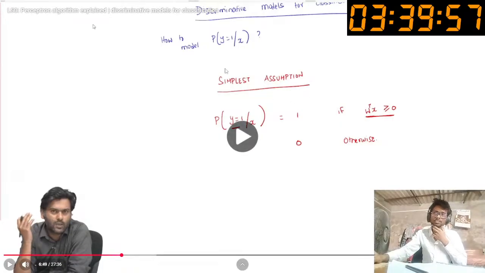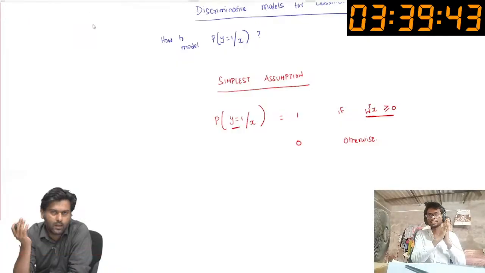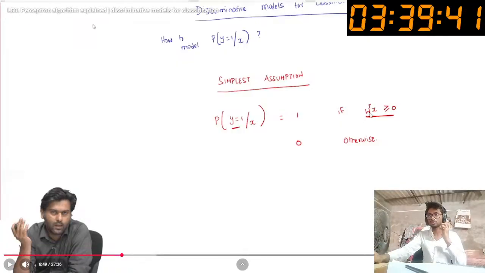So we are maintaining a linear structure. You say okay, Ayush is generating data such that there is a linear structure maintained, and the linear structure is somehow encoded in this w.